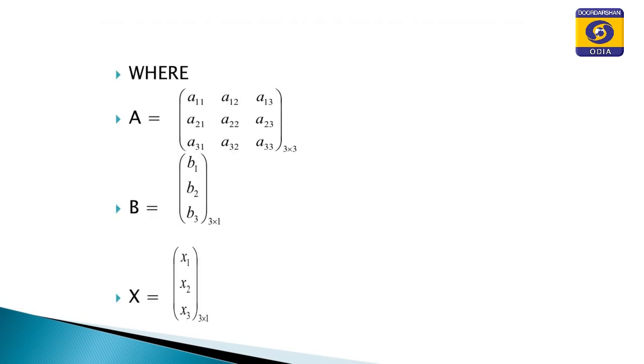A is a third order matrix having elements a11, a12, a13, a21, a22, a23, a31, a32, a33, and B is a matrix of the constants, of order 3 cross 1, and X is a matrix of order 3 cross 1 taking the variables as elements.